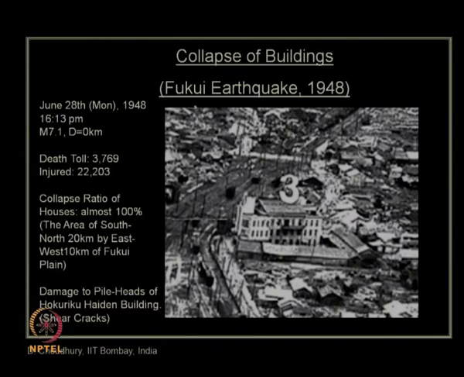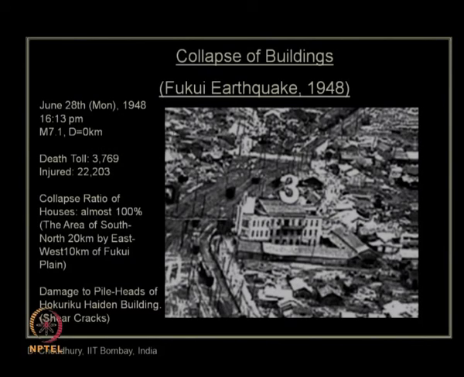This is the picture after the Fukui earthquake in 1948. This Fukui earthquake occurred on Monday, June 28th, 1948 at 16:13 local time in Japan, and the local magnitude was 7.1 with a distance from the epicenter of 0 kilometers, so it was located at that site itself.